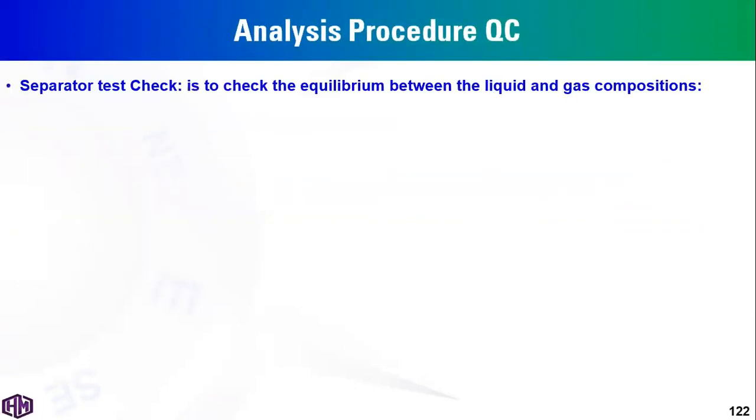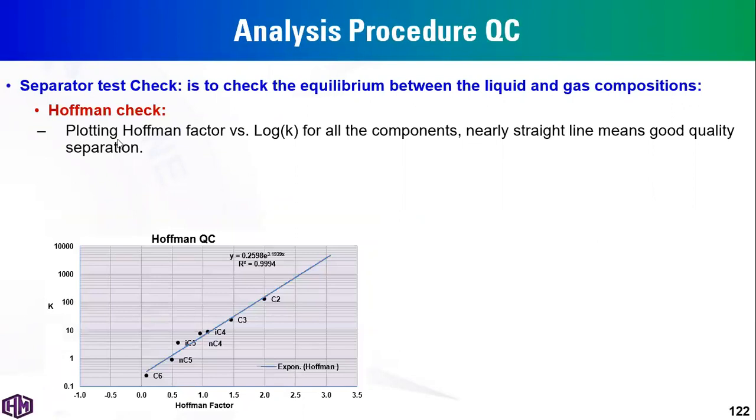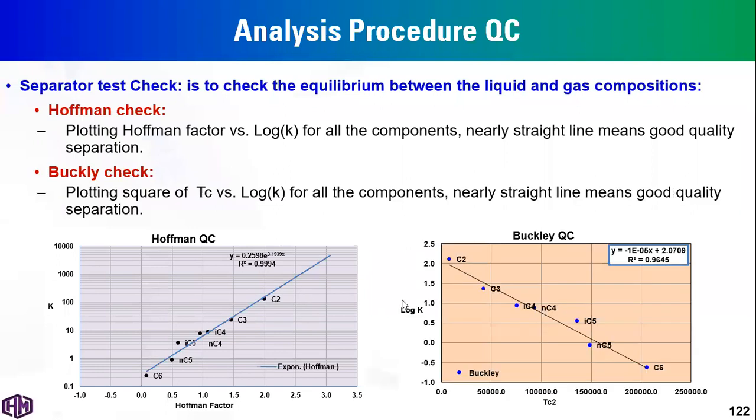Also, this is another separator test check, which is the Hoffman check, as mentioned before. We plot the Hoffman factor on the X-axis against the log of the equilibrium ratio on the y-axis.